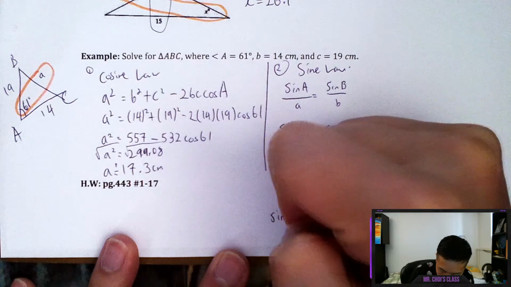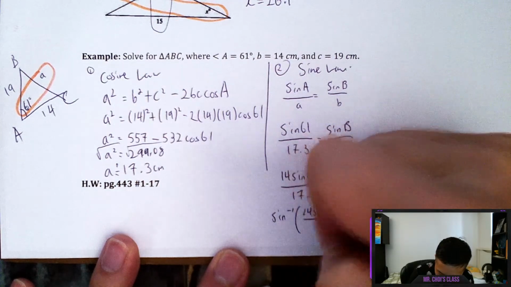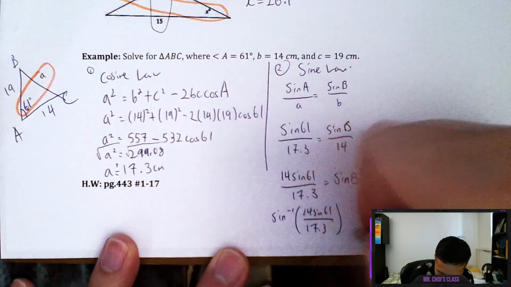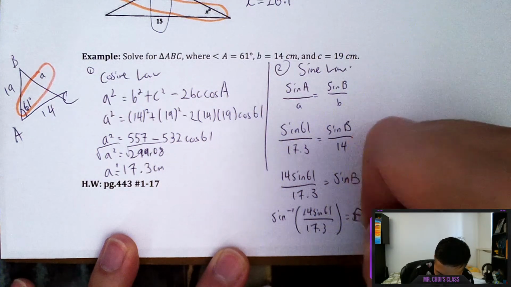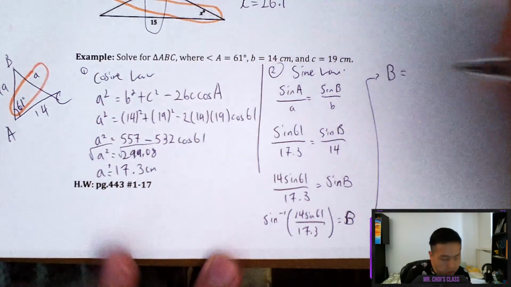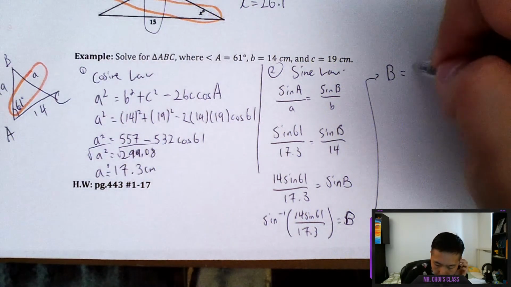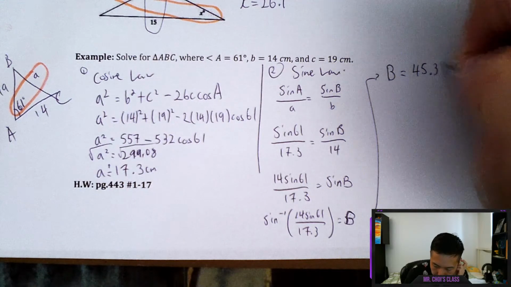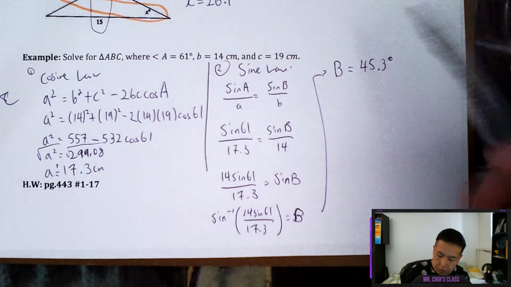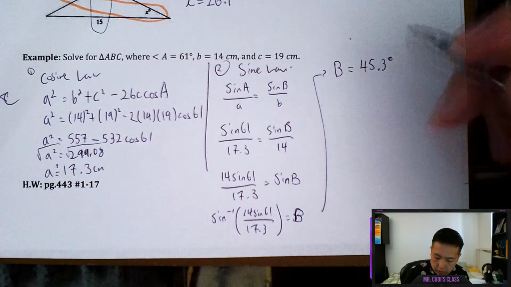Then we can just sine inverse this. And so we get our answer. B is going to be equal to 45.3 degrees. So sine law, we're just solving for their second angle. So that's done.